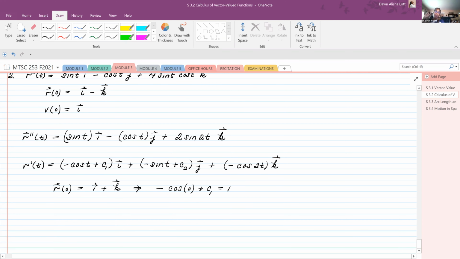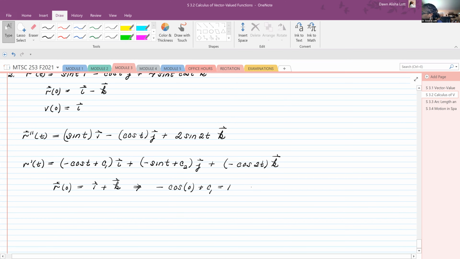So the cosine of 0 is 1. So I get negative 1 plus C1 is equal to 1. So I get C1 is equal to 2. The j, so negative sine of 0 plus C2 has to be 0. So C2 is 0.